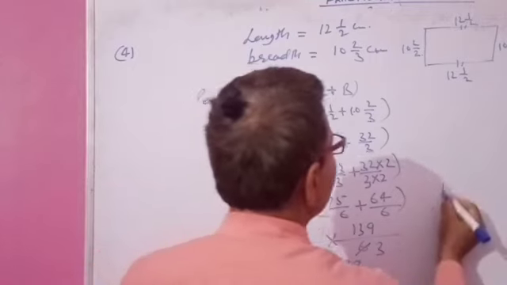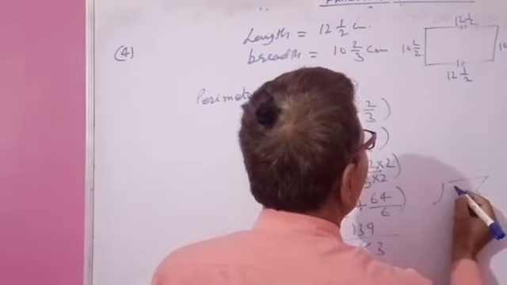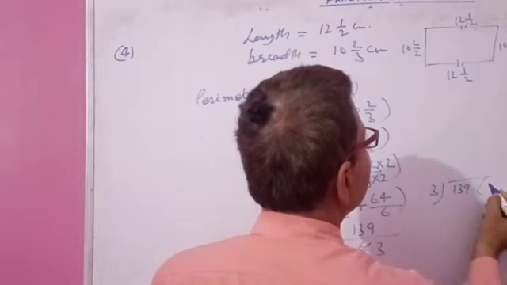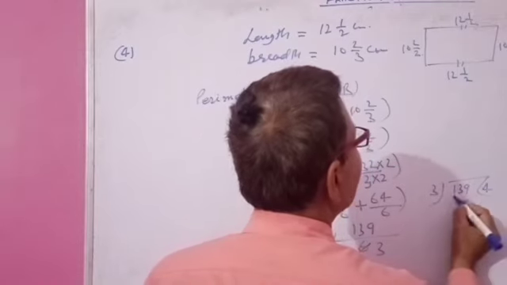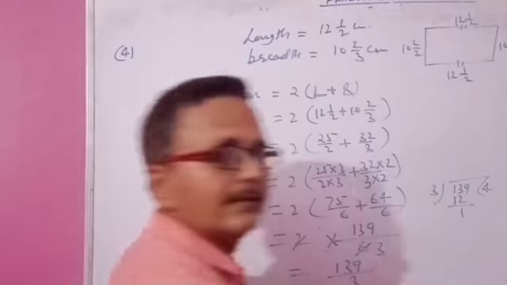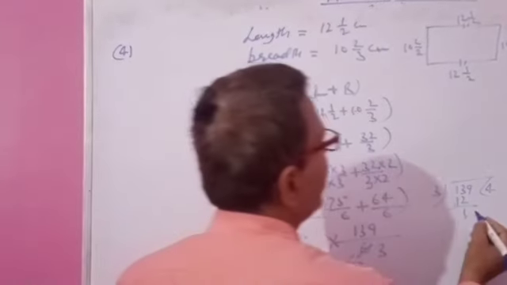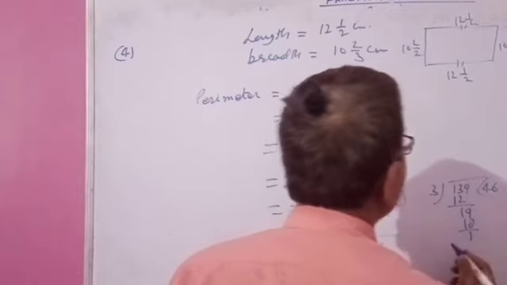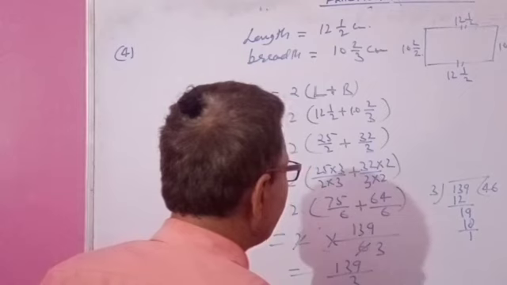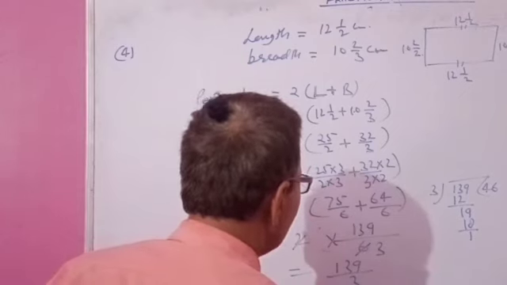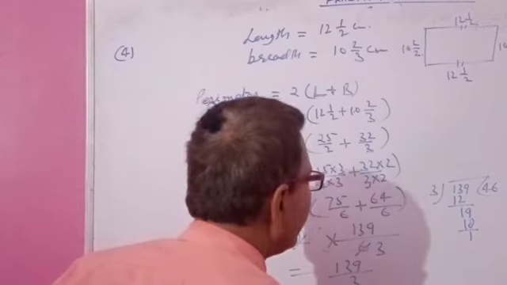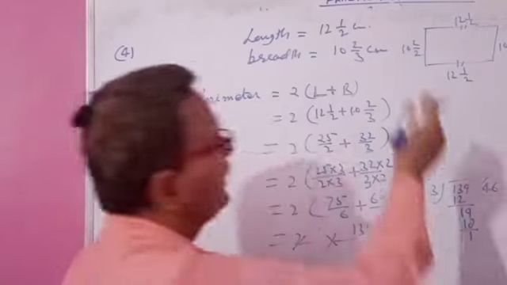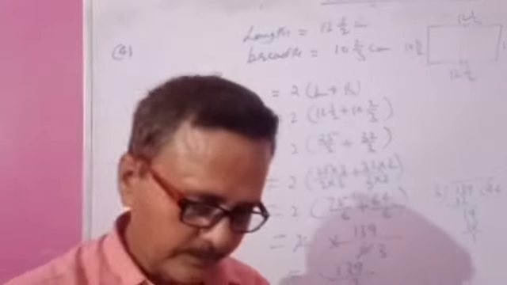Now you can change this into a mixed fraction. 3 times 46 is 138, remainder 1. So 46 and 1 upon 3 centimeter will be the perimeter of the rectangular sheet.